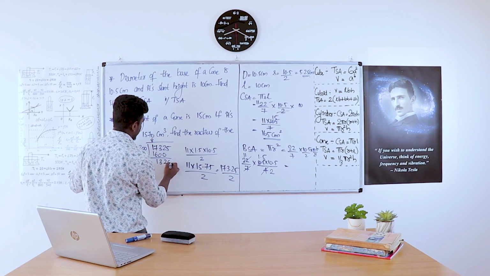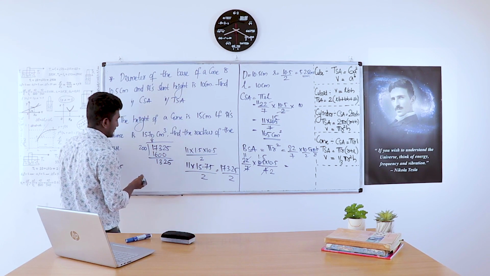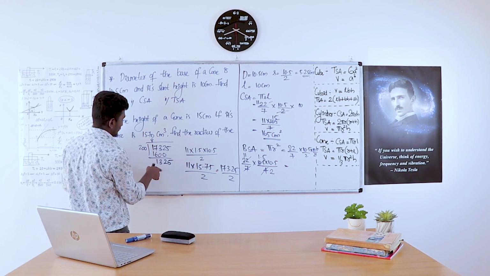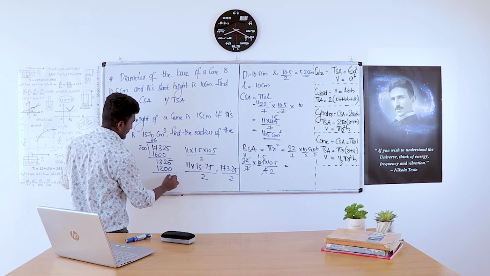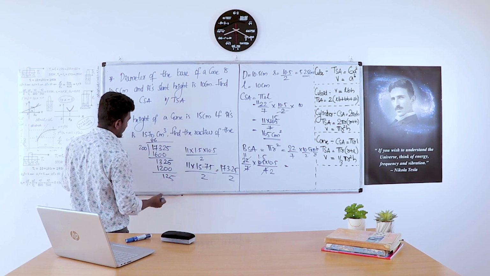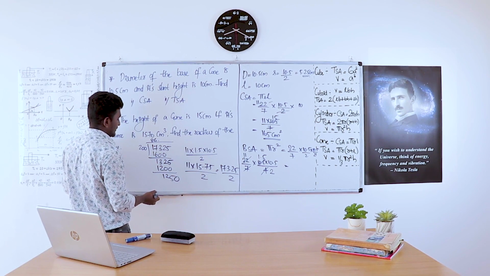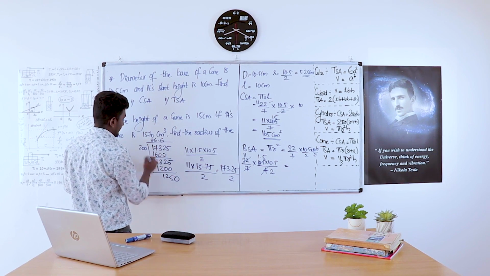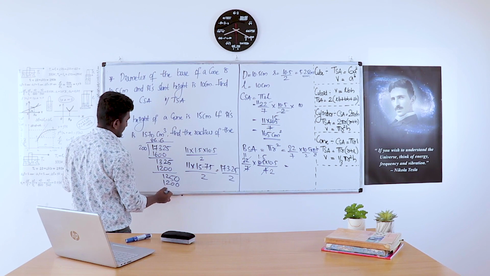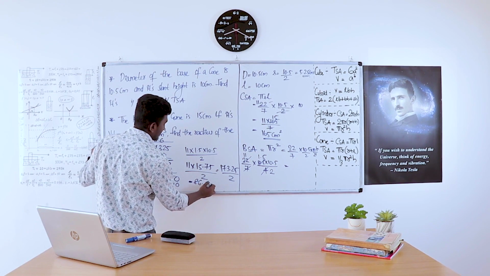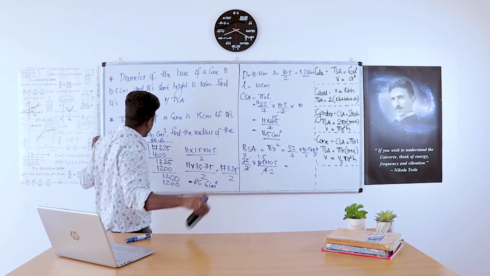Then this 5 comes down. 1200. 5, 2, 3 minus 2, 1, 125. Then putting a decimal and giving a 0. Now I am completing the decimal and writing the answer as 86.6 centimeters square. This is the base area.